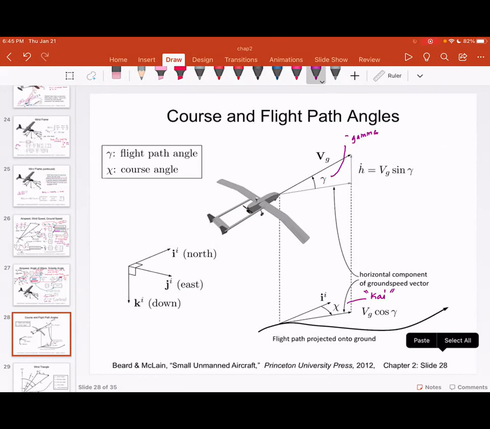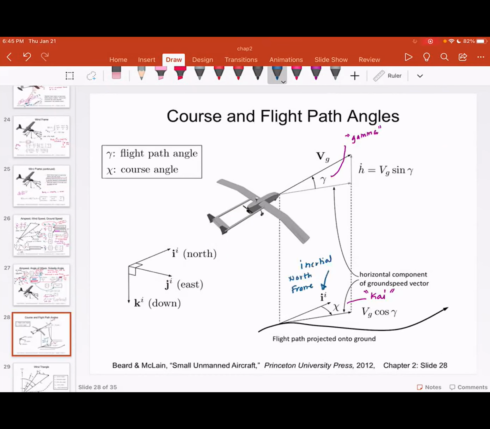So this is called gamma. So chi is the angle between the inertial north frame to the projection of the ground speed on the flight path.